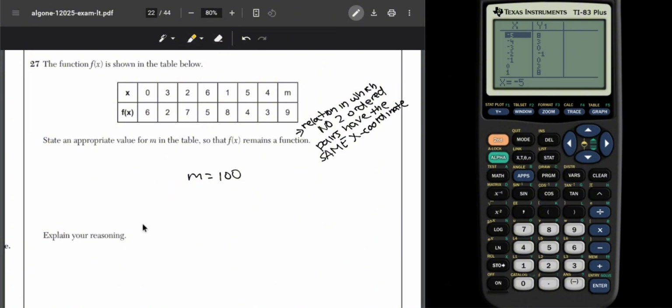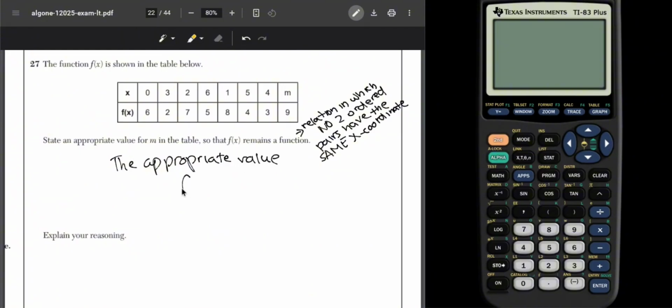So I'm going to write, or you can just state, the appropriate value for m is 7.